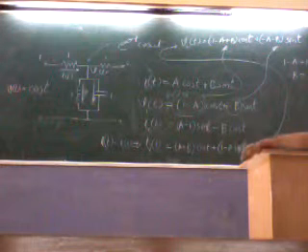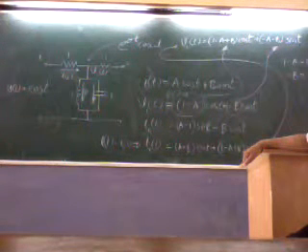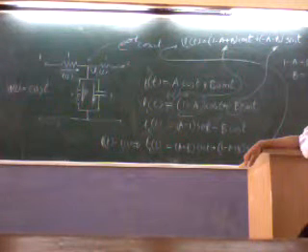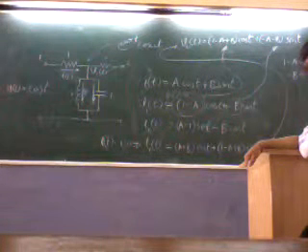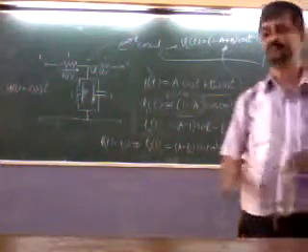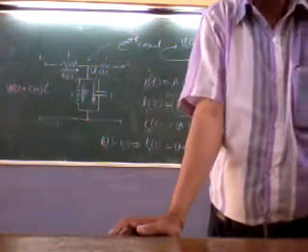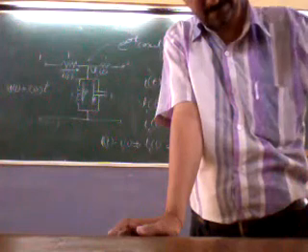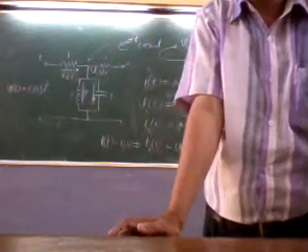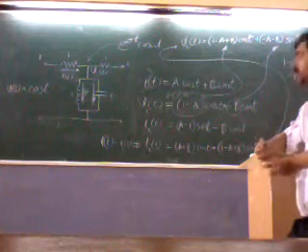What is IT then? Is it 0? IT is 0? V1t is cos t.